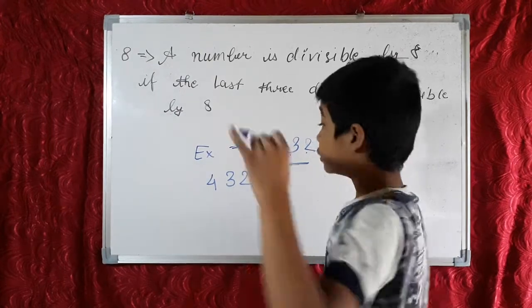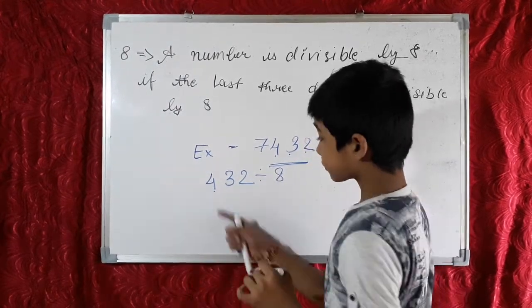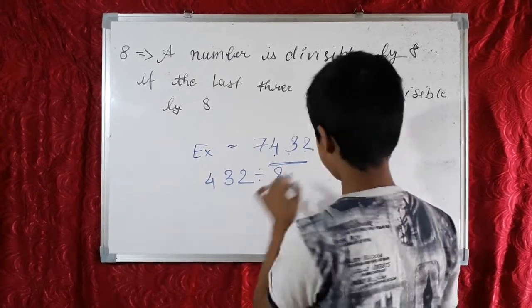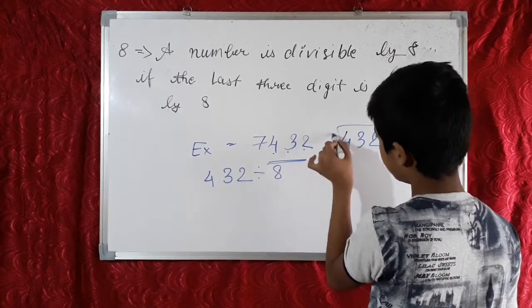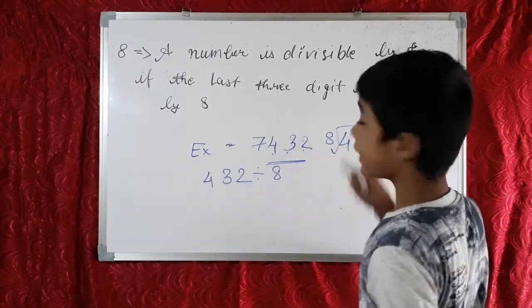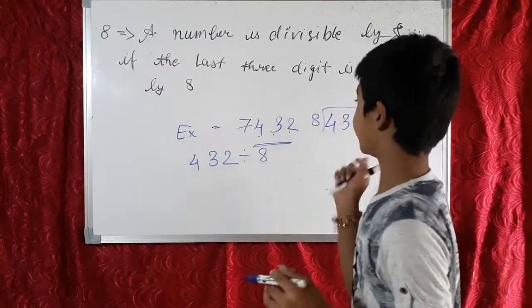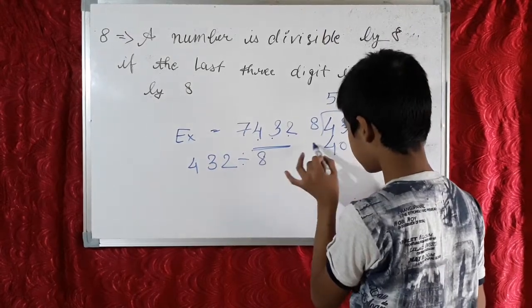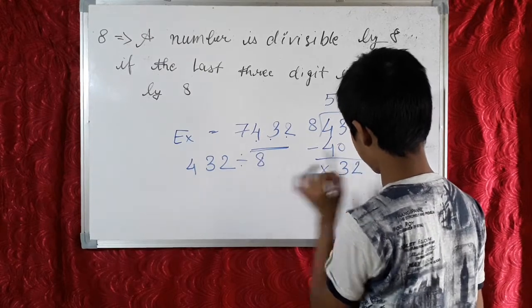If we divide 432 by 8, 4 is not divisible by 8, so we take 43. 8 fives are 40. The 3 remains and the 2 comes down, giving 32.